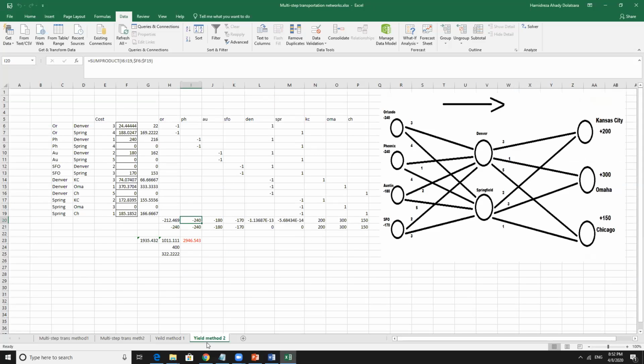The second way that you do it, again, is the creative way of doing that. You don't have to. Basically, you still calculate the amount of goods that you send from each link. The only difference is that your cost is now a little different.